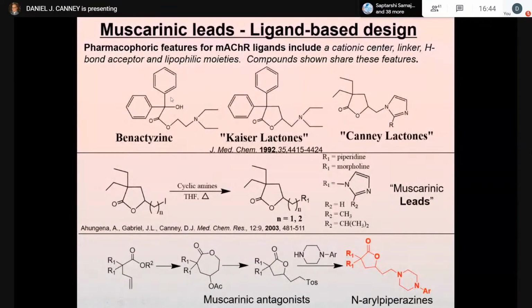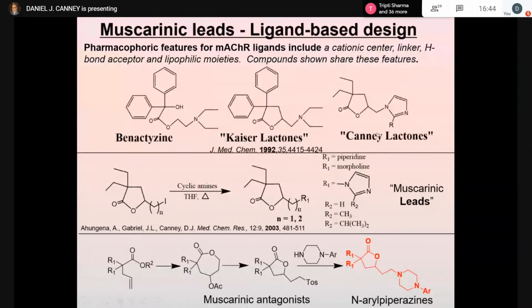This all started, as I said, when we realized that some of our lactones might have some anticonvulsant, or some antimuscarinic activity. That was based on a report in JMed Chem by Kaiser et al., where they reported these compounds that I show at the top, these Kaiser lactones.